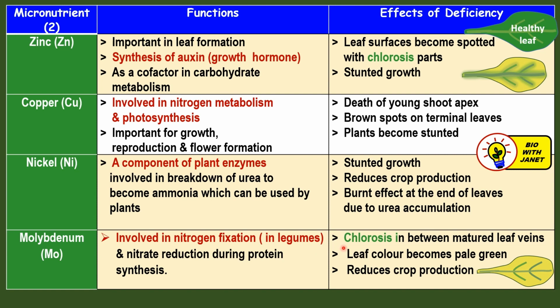Now, the effect of lack of molybdenum is chlorosis, that means the yellowing of leaves in between the matured leaf veins. Leaf color becomes pale green, could be due to lack of chlorophyll, and the lack of molybdenum will reduce crop production.